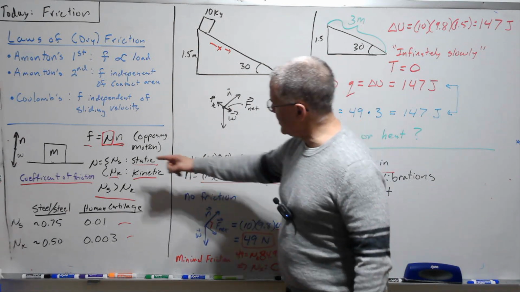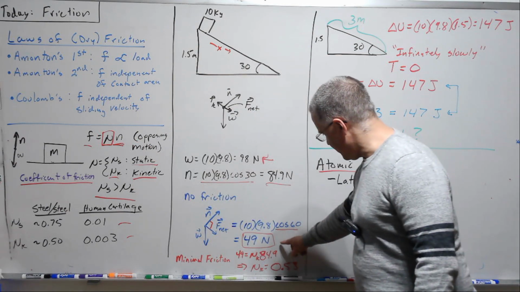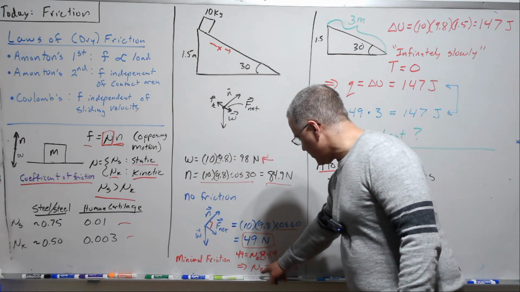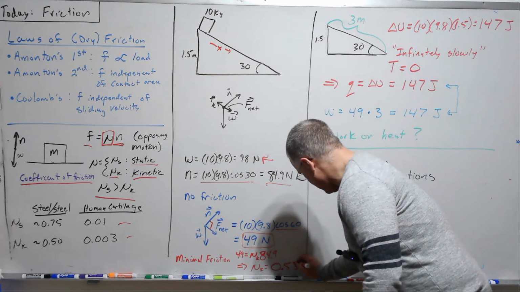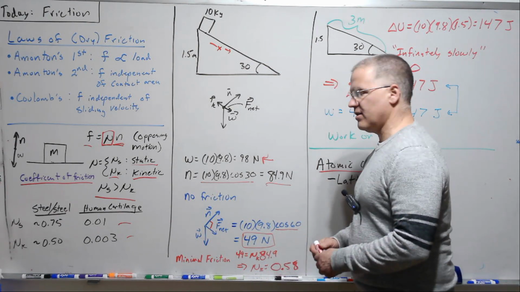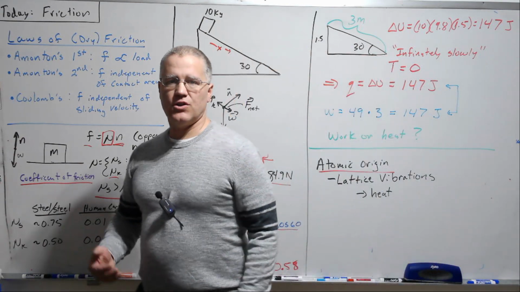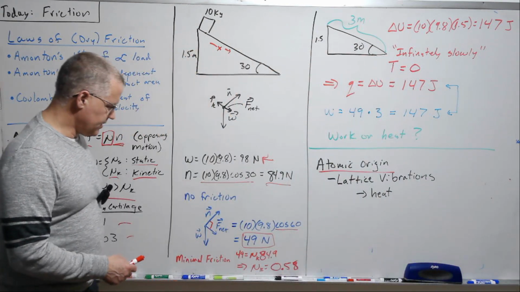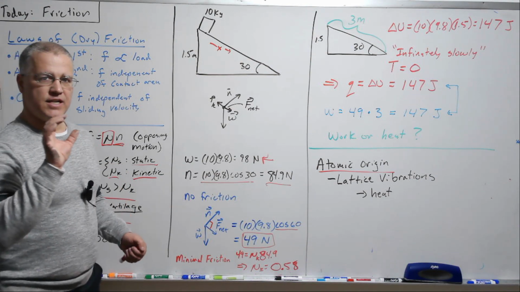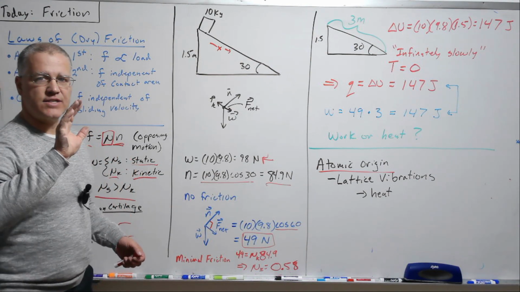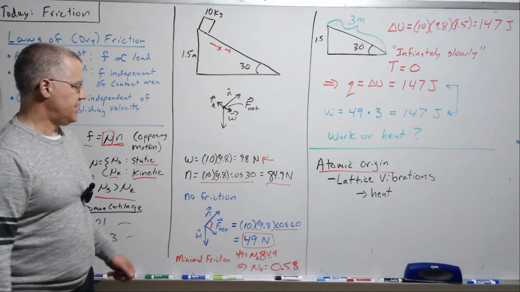Because that's our formula for friction. And so we can get our coefficient of friction, and we get 0.58 here, with no units. So this is the coefficient of friction we would need in order for this box to just slide at a constant rate.